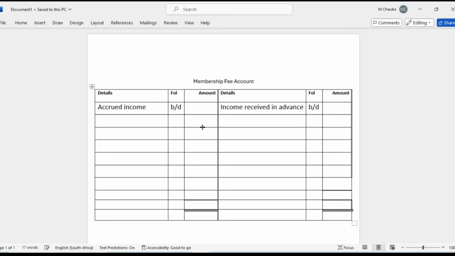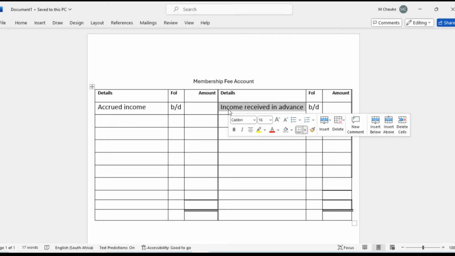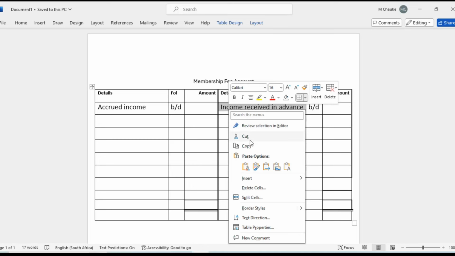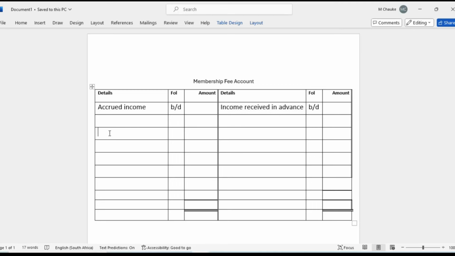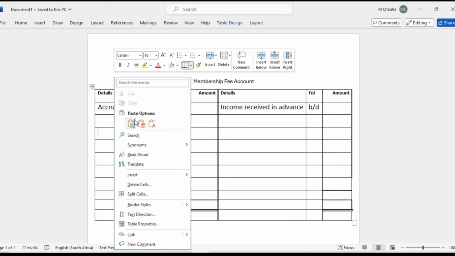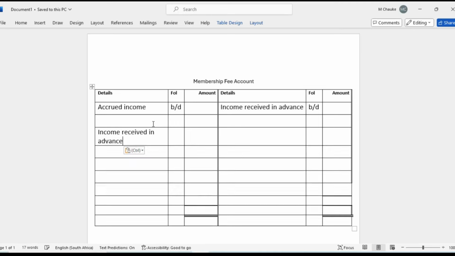Okay, and then we will have income received in advance on the other side. I'll copy this one. Income received in advance closing balance, which is going to be carried down.